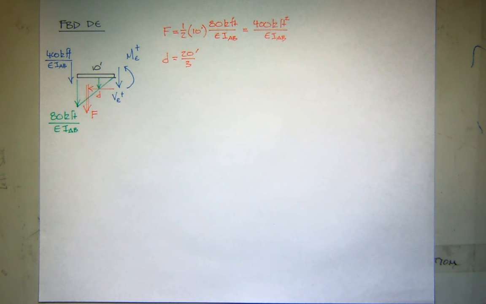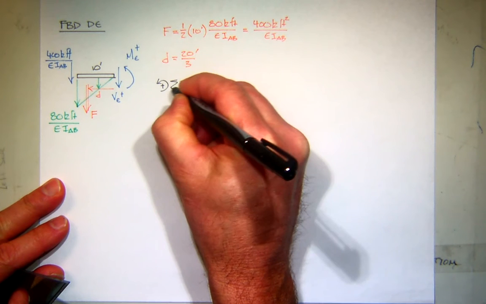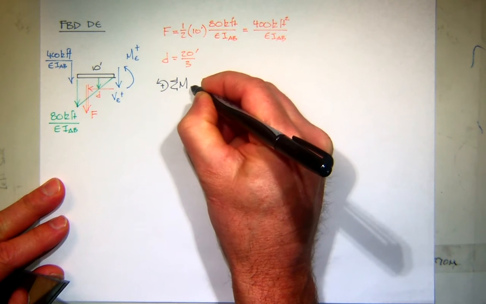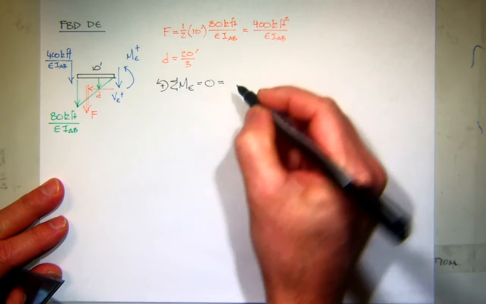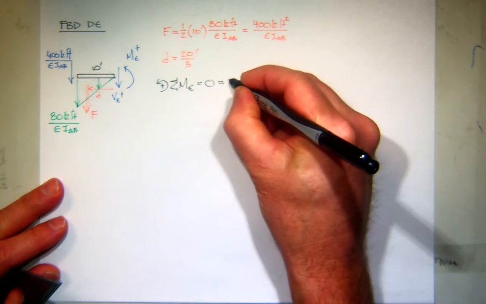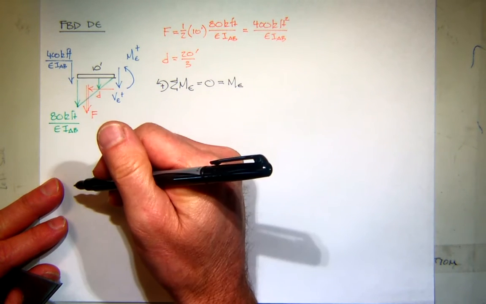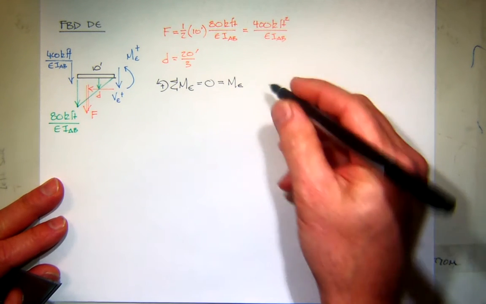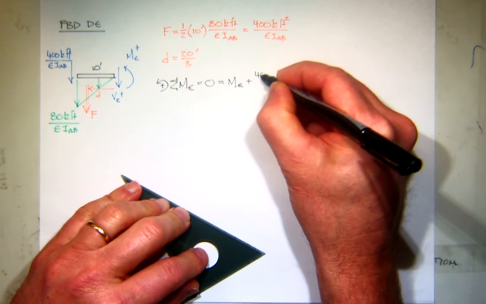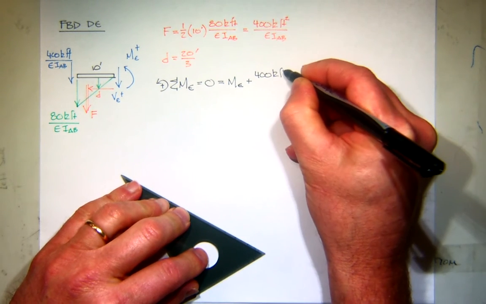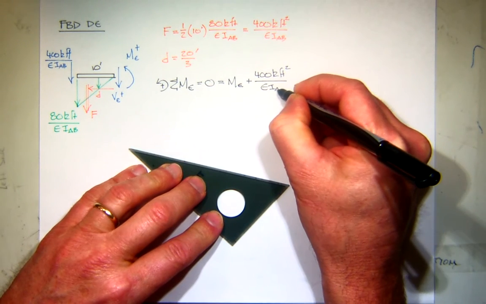So with all that set up, I'm ready to find my moment. So I'll sum moments now about E. That's here on the free end. So starting there, I have my internal moment, which is positive. And both these forces are going to create also positive moment. So the first one, let's do the force first. That'll be 400 kip-feet squared divided by EI_AB.